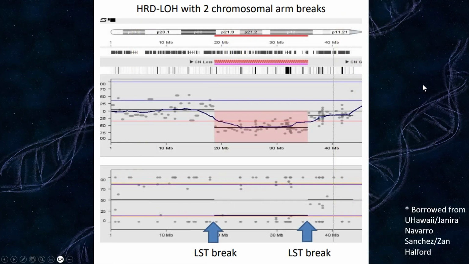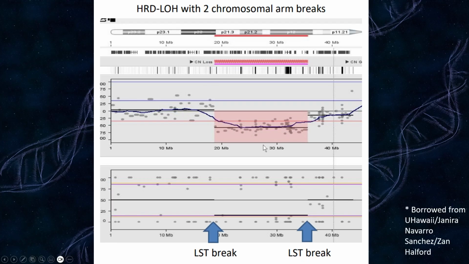Here are some graphics I again borrowed from a lecture from the faculty at University of Hawaii who are doing some work and showing some of these examples. This is how you would look at it in an array. I think I'll do a separate lecture on arrays, another shorter one. But basically the dots are showing you where you have a change in content, like a deletion.